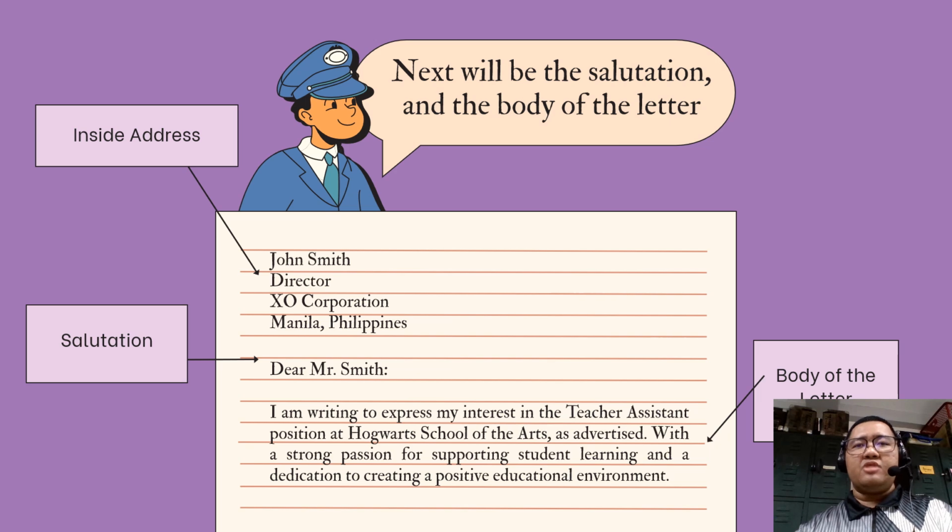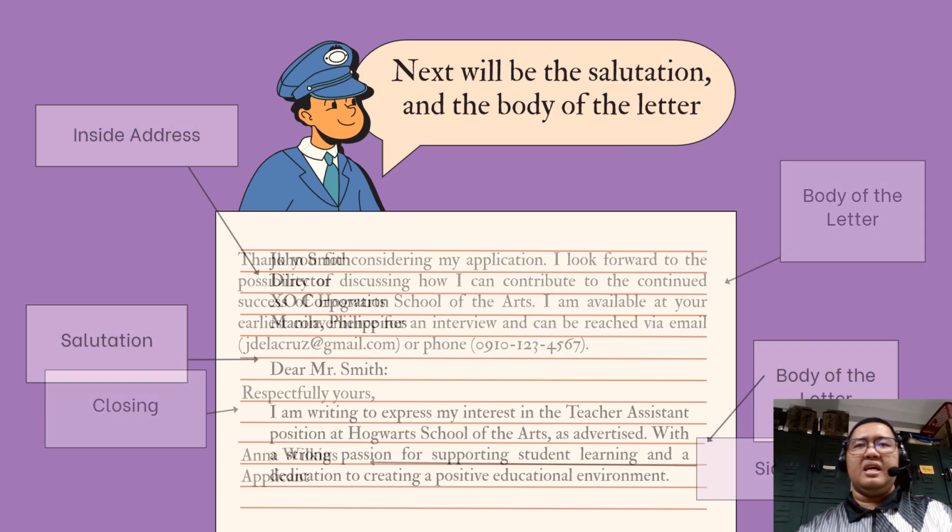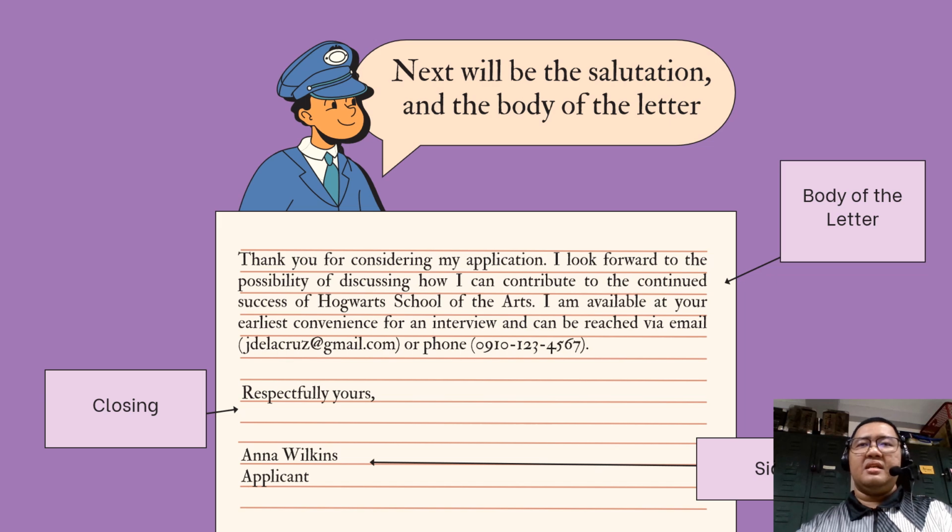I am writing to express my interest in the teacher assistant position at Hogwarts School of the Arts as advertised in your social media account. With strong passion for supporting student learning and dedication to creating a positive educational environment. And then the last, of course, still in the body of the letter, is the continuation of that.